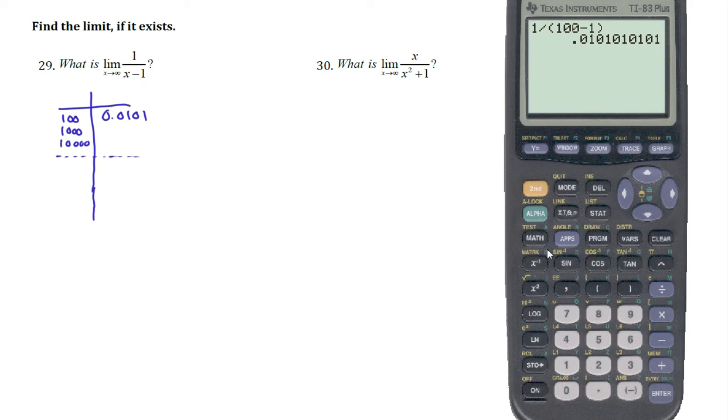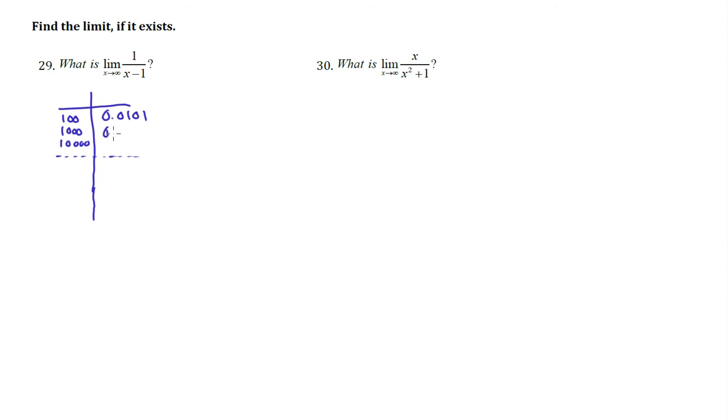Okay, and then if we do 1 divided by 1,000 minus 1, we get 0.001001.